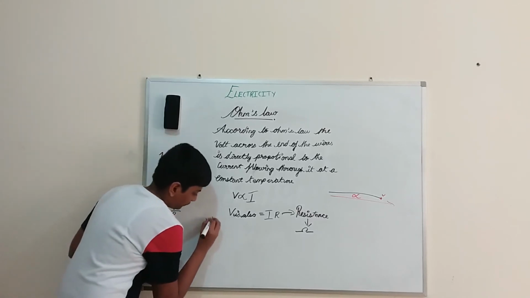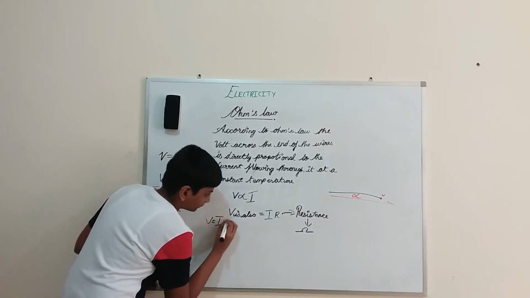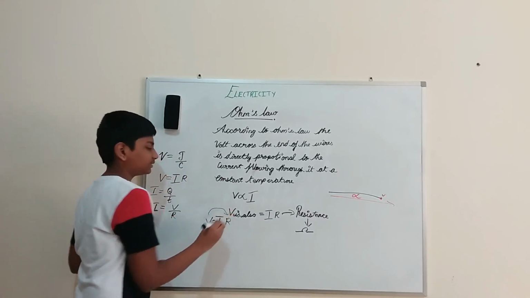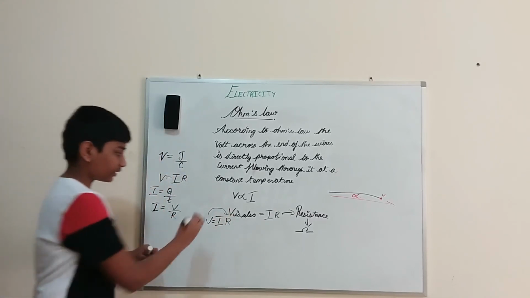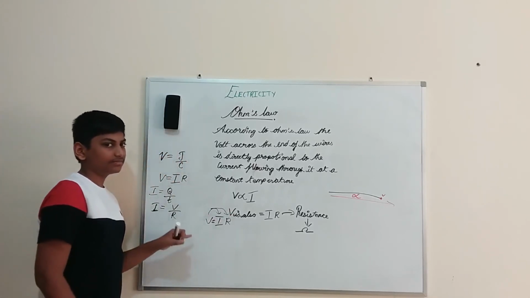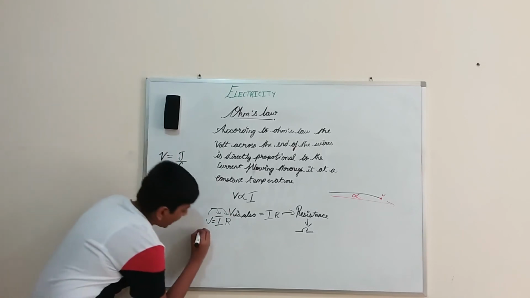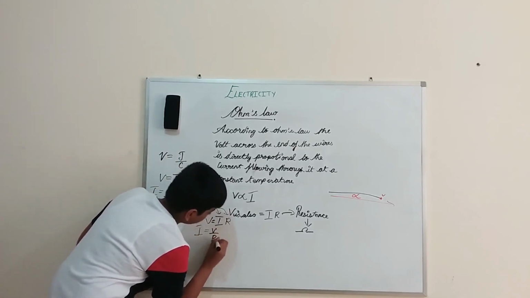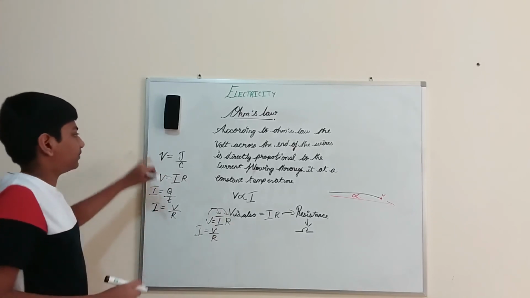So V is equal to I into R. When I transpose this, what happens? I will be equal to V by R. So we found the value for them.